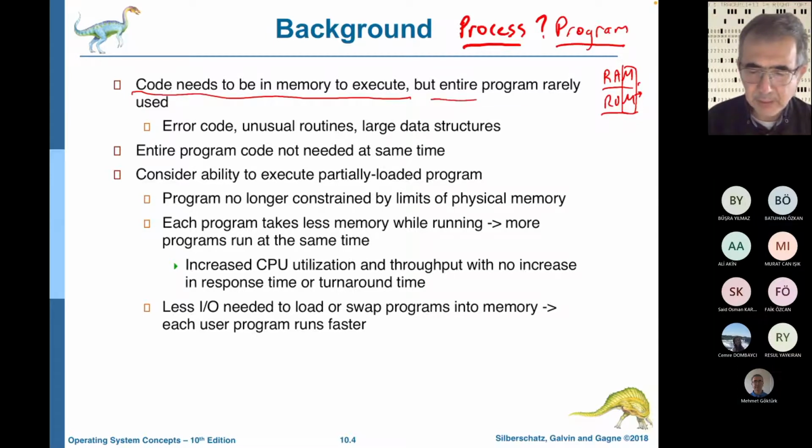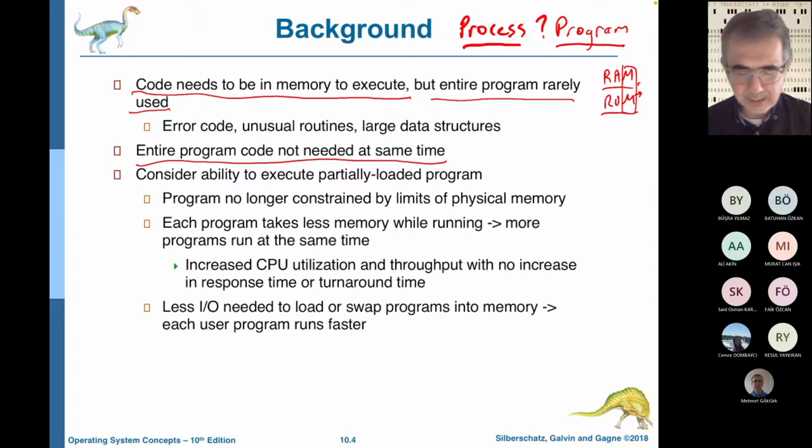However, the entire program is rarely used at the same time. Therefore, the part of the code that is necessary for a particular amount of time, which we will call the working set model later, should be in memory. Therefore, the entire program is not required to be in the memory.